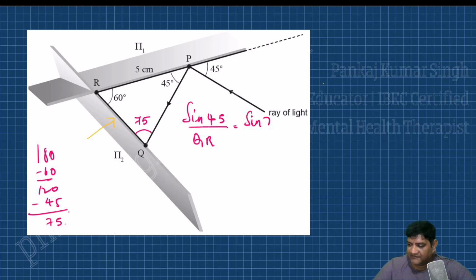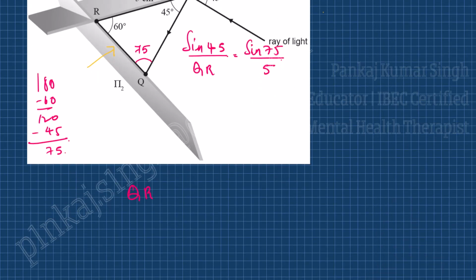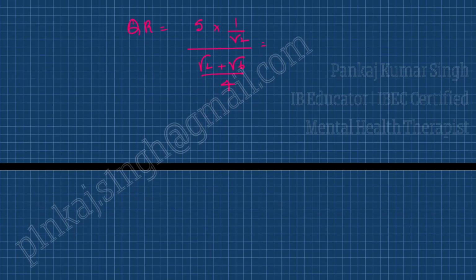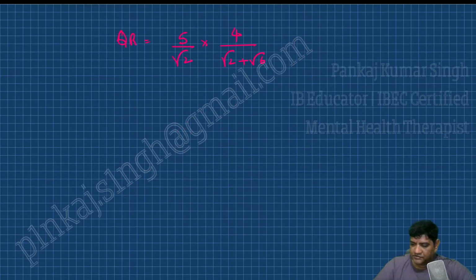So I can simply write this as sine 75 divided by 5, and let's quickly transpose this. So when I multiply this, this is going to be 20 divided by 4 plus root 12.